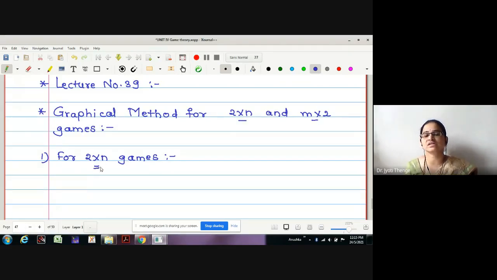First, we will discuss the graphical method for 2 by n games and m by 2 games. Can anyone tell me what a 2 by n game is?